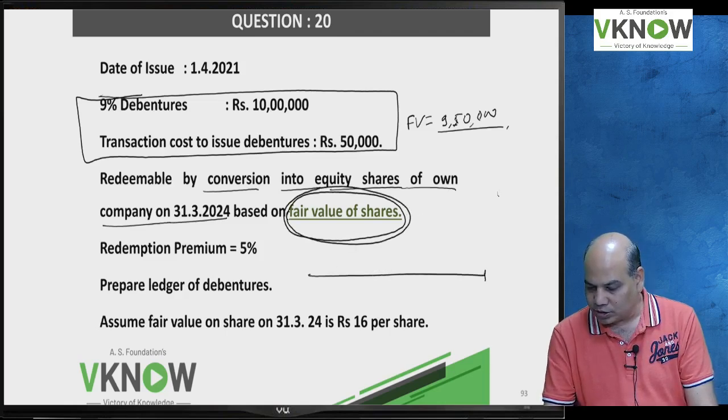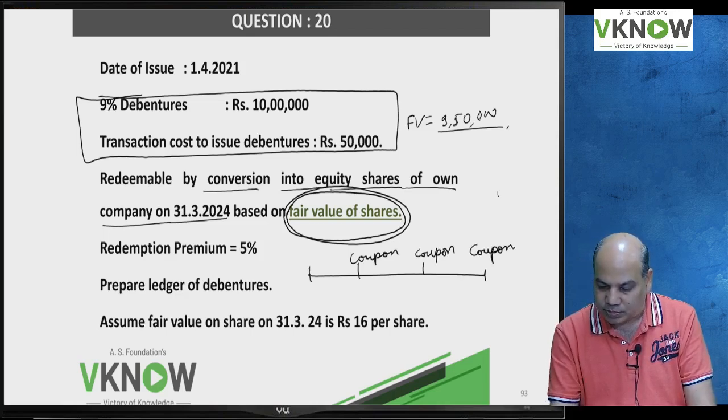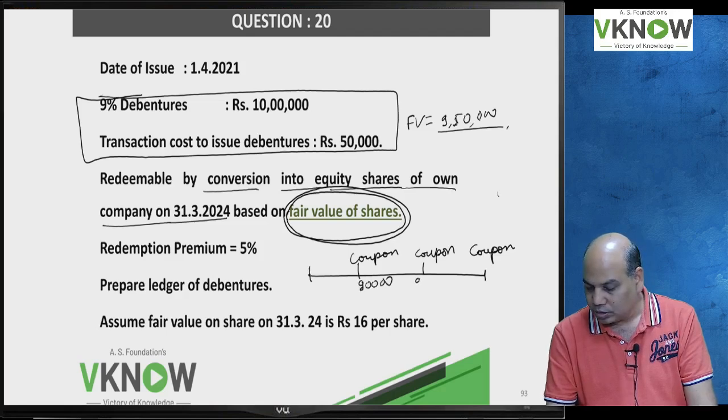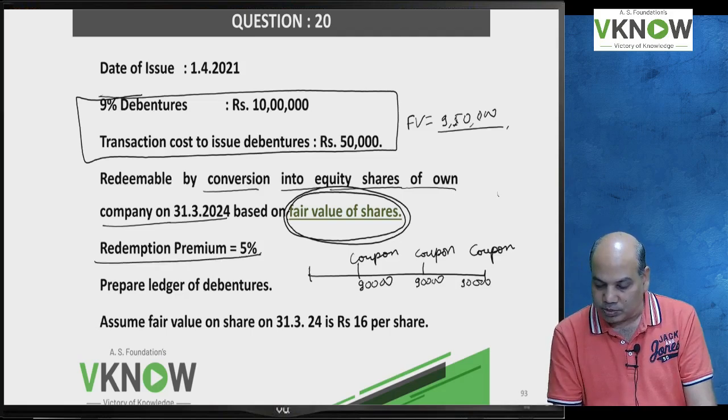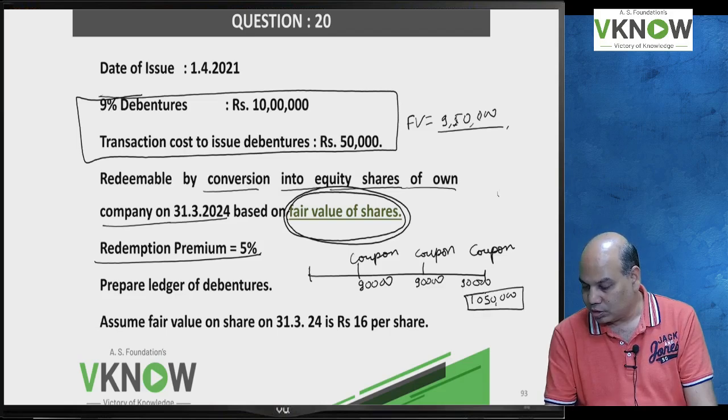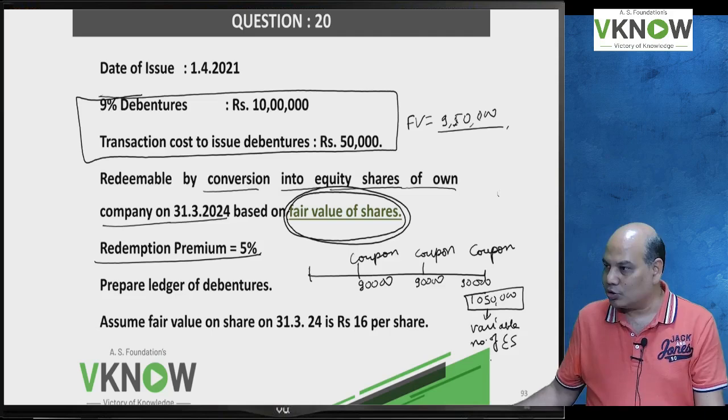So you have two obligations. One obligation is to pay the coupon, a fixed cash payment you have to pay 3 times, which is 9%, how much? 90,000, 90,000, 90,000. This is also an obligation. And the redemption premium is 5%, so 10,50,000 you have to pay on maturity in a variable number of shares. An obligation to pay in a variable number of equity shares is also a liability.